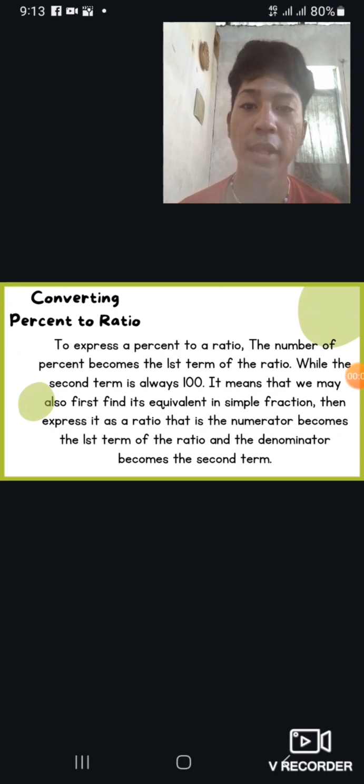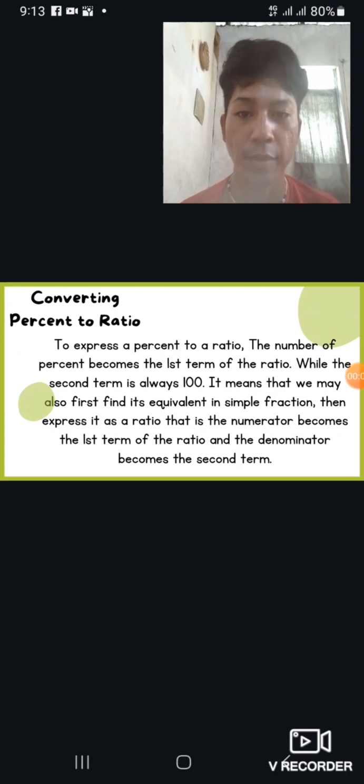And now let's go into converting percent to ratio. To express a percent as a ratio, the number of percent becomes the first term of the ratio, while the second term is always 100.